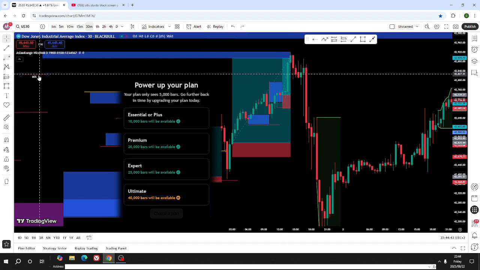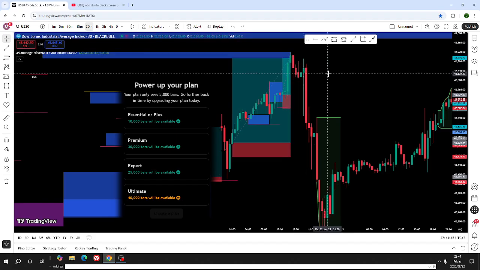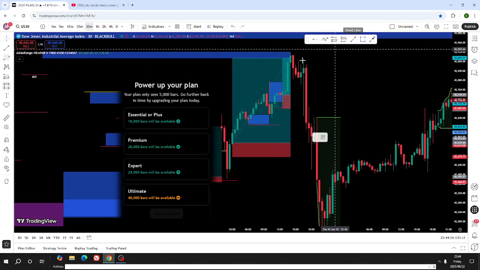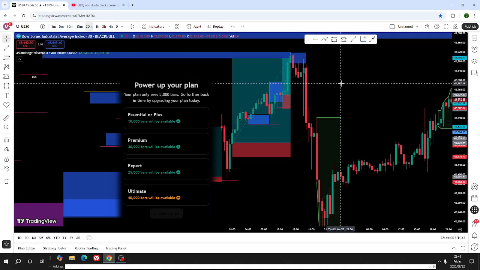That broke structure right over here. A tap, and then followed by what? An engulfing candlestick. When an engulfing situation happens, that means we leave an order block. We leave what? An order block, right?